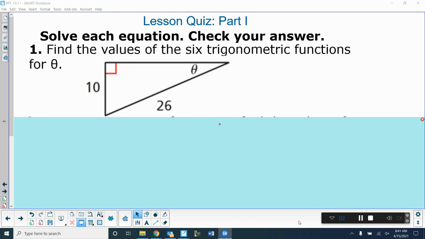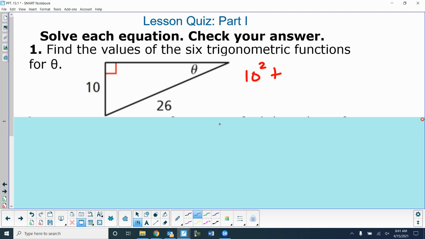So a squared, we'll call 10 the a, and the missing side, the b. And our hypotenuse is the 26, right? So what's 10 squared? 100, right? What's 26 squared?